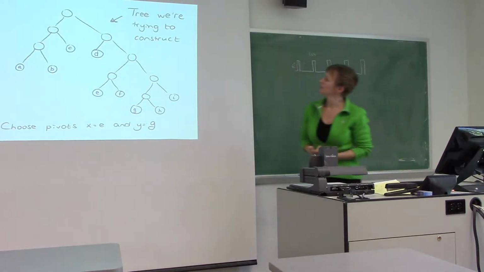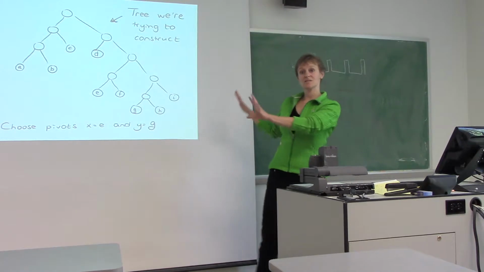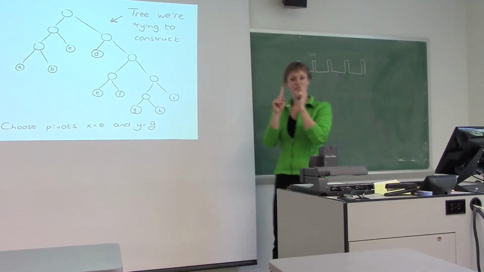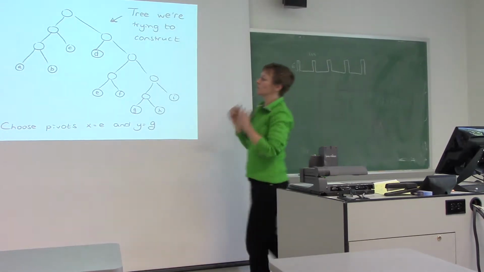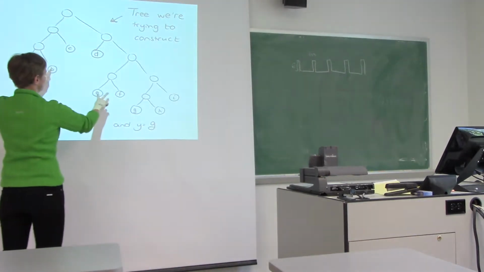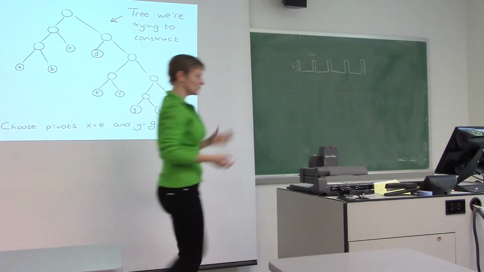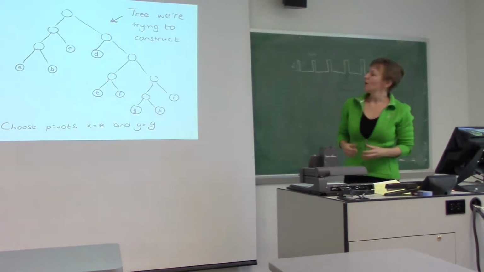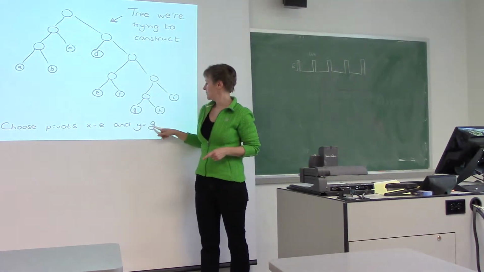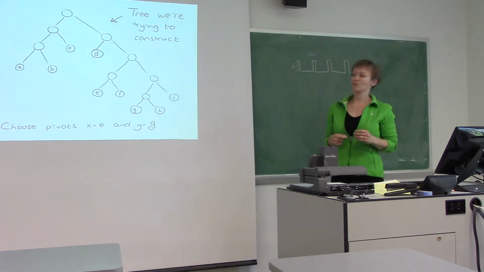So here's an example. Suppose we're trying to construct this tree. We don't know that this is the right tree, but we know it exists. And for every three elements, we know which one is closer. So for example, for E, F and B, we know E and F are closer to each other than B in the tree. That's the information we have. So we choose pivots. Let's say that we choose E and we choose G. What's going to be the bag for E?